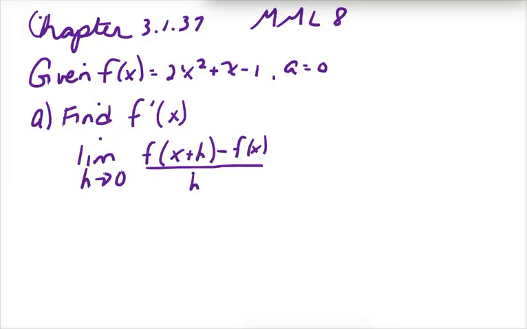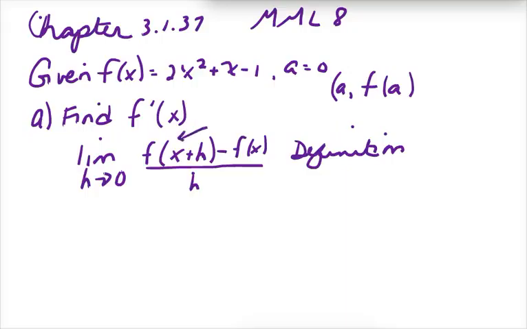So taking the second definition, and instead of evaluating it at a point, where the point was a, comma, f of a, we're going to just evaluate it at x, because we're after a general equation, not a specific slope.